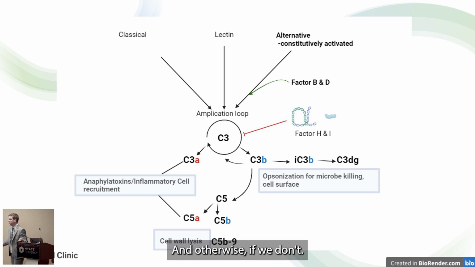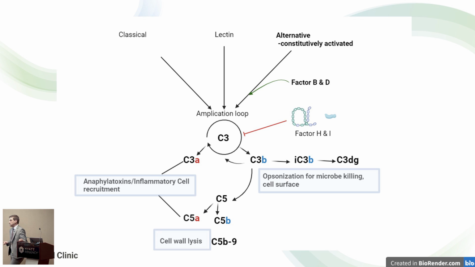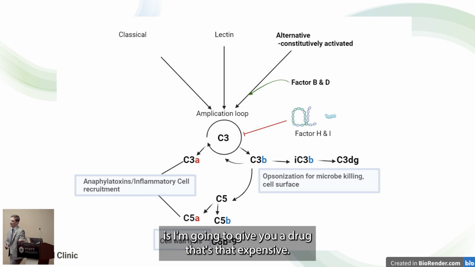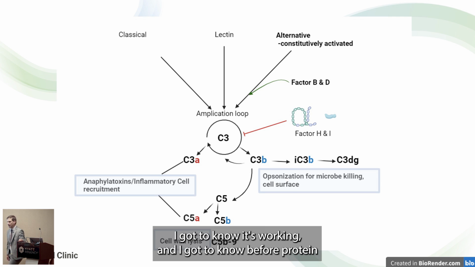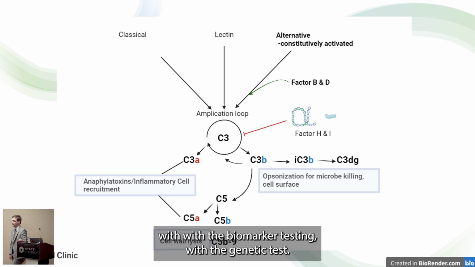Otherwise, I'm giving you a $20,000 a month drug for the rest of your life, or the rest of your kidney's life, and I just don't know. That's what keeps me up at night: I'm going to give you a drug that's that expensive and potentially harmful in the wrong hands. I've got to know it's working, and I've got to know before protein and creatinine change. That's the end of the game. And you can only measure that with the biomarker testing.